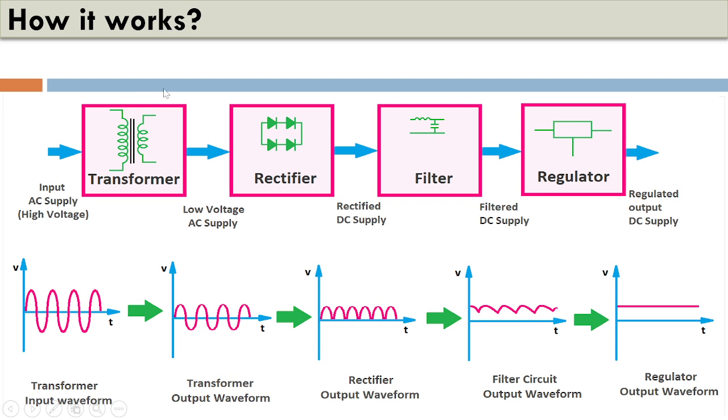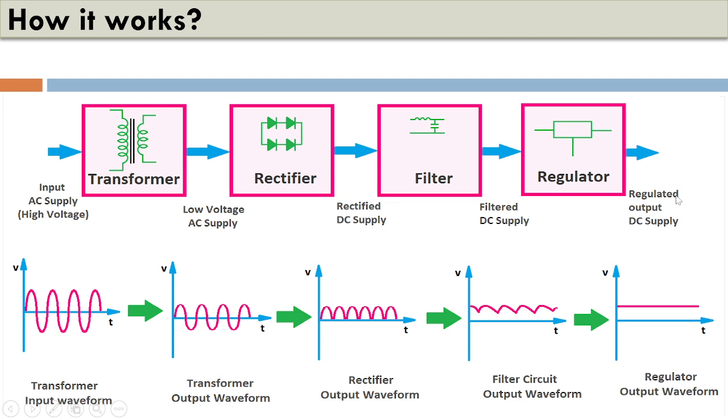So there is no mechanism to regulate the output voltage. So what we do is we try to get three terminal regulators or other regulators which are available in the market to regulate the output voltage to a certain fixed voltage, irrespective of the load current drawn from the system.